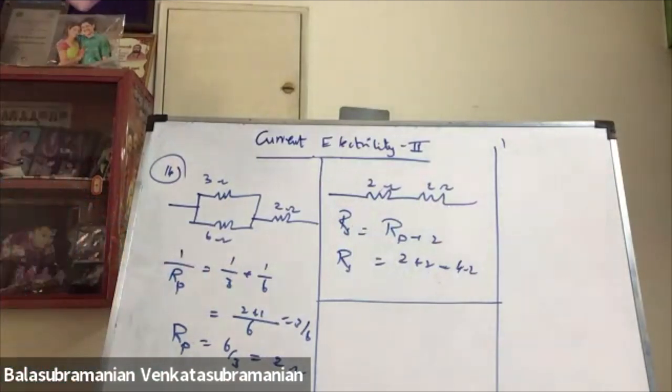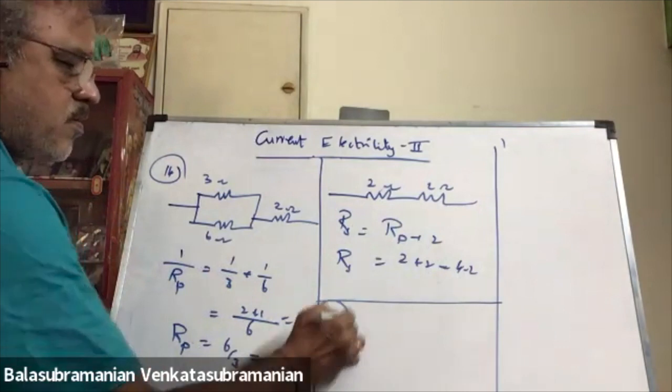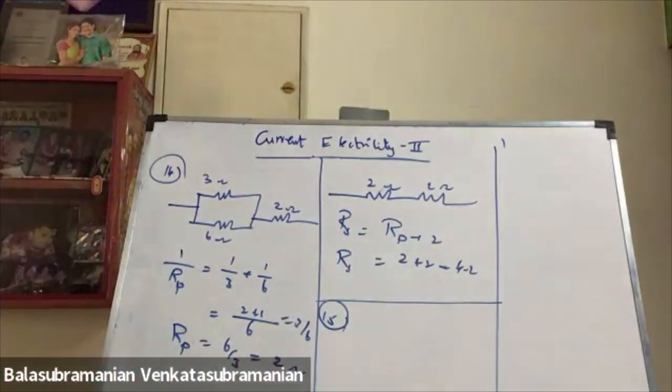15. Calculate the current drawn from the battery as shown in the circuit below.